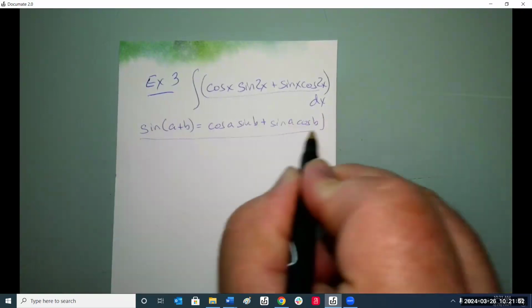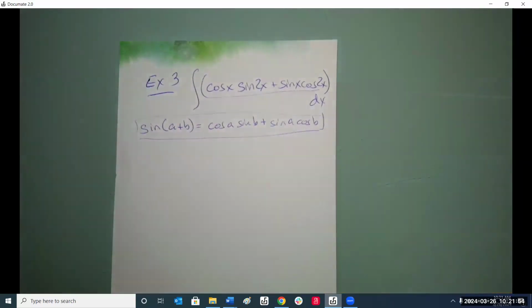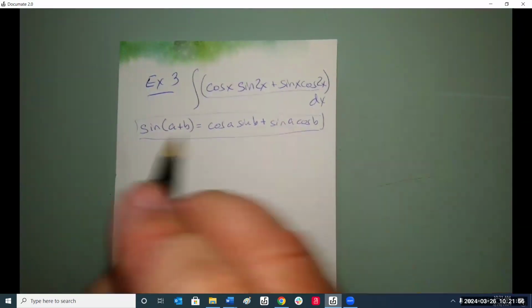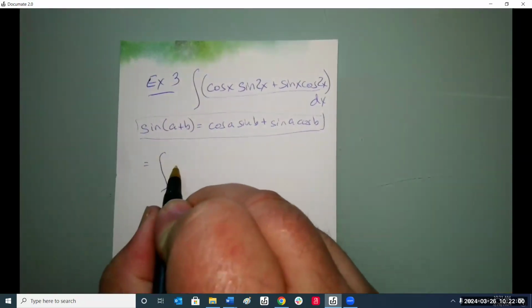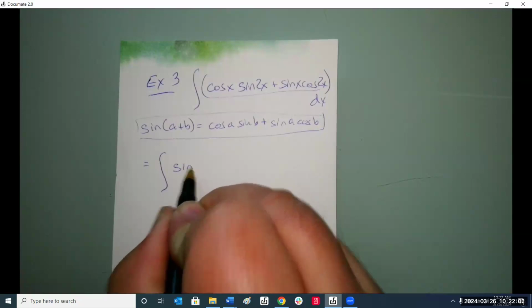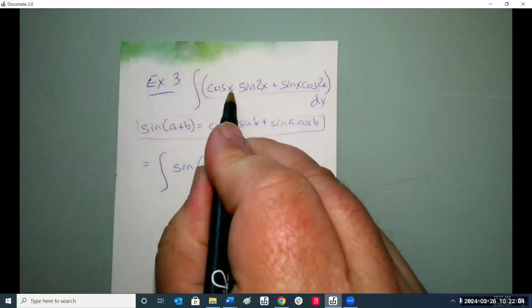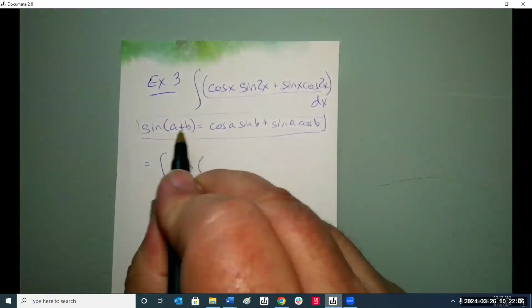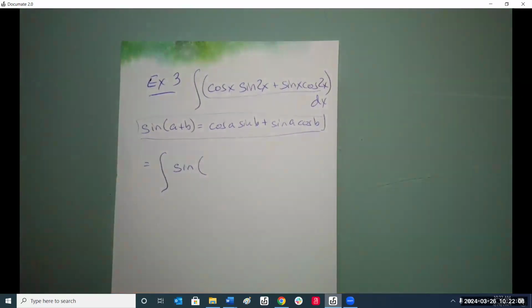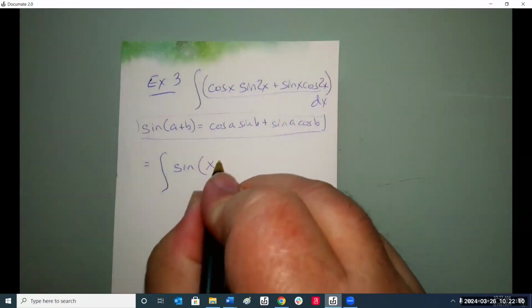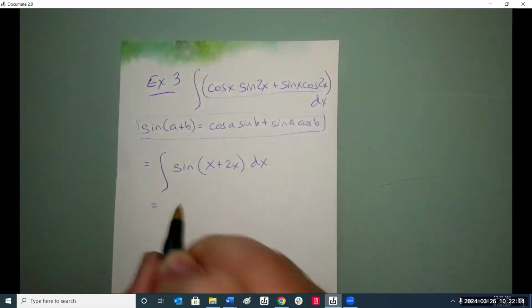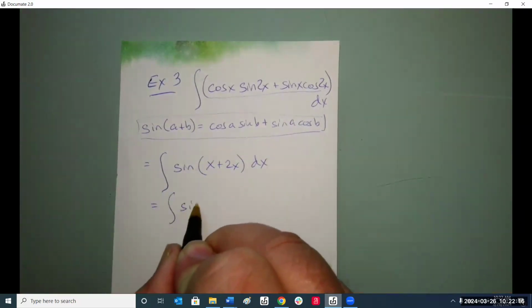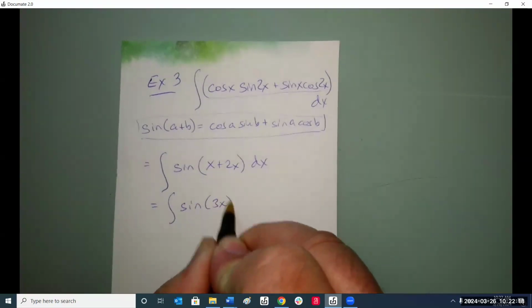That's the trigonometric identity. Again, it's on the cheat sheets. So we can rewrite this integral as the sine of x plus 2x. Well, the integral of sine of x plus 2x is sine of 3x.